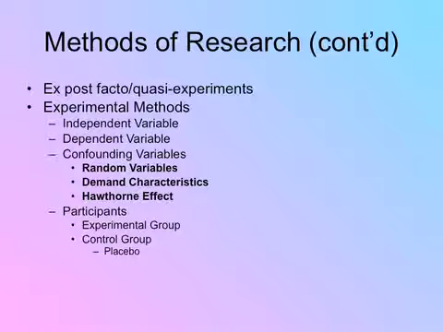First, members of a control group usually receive a placebo. And again, this is not your official book definition, but think of placebos as fake treatment. And so we want the control group to have that in order to ensure that the change that we see is a result of the independent variable and not just the belief in the independent variable.